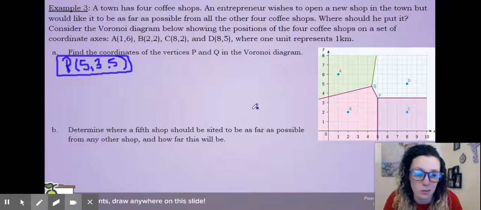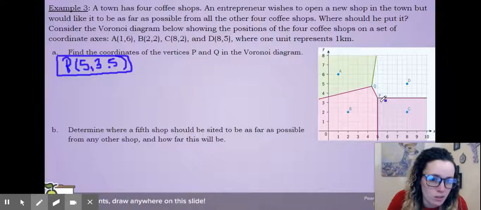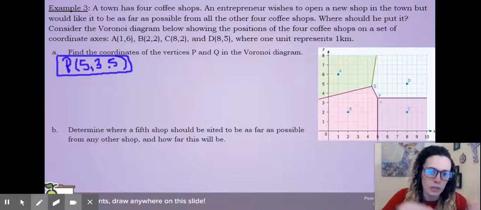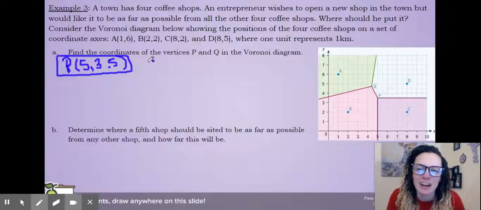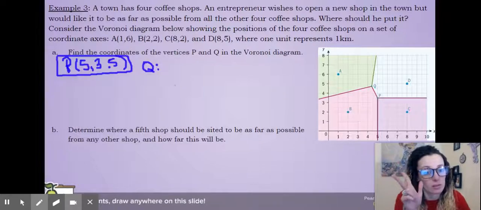Q is the harder one. Q is not on any grid line, so Q is going to be a little bit more work. To find Q, we're going to have to do 3 different things, very similar to the vacuum problem.